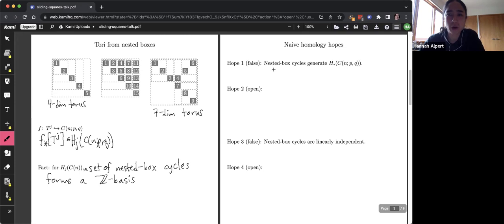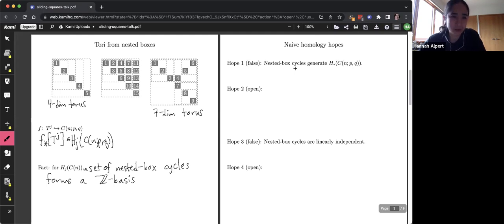So, okay, here's the first hope. We might hope that, like with the plane, the homology of the configuration space of squares in a p by q rectangle is also generated by nested box cycles.